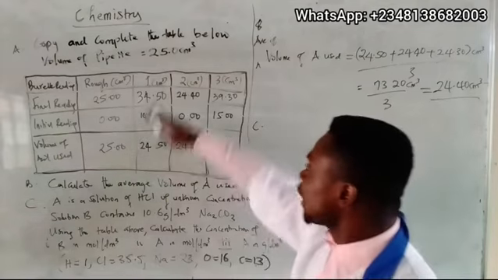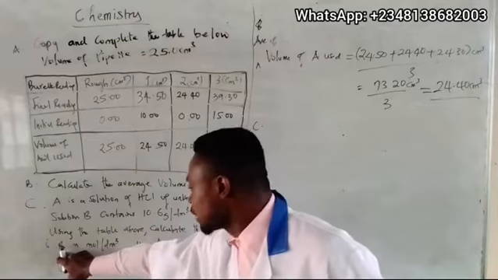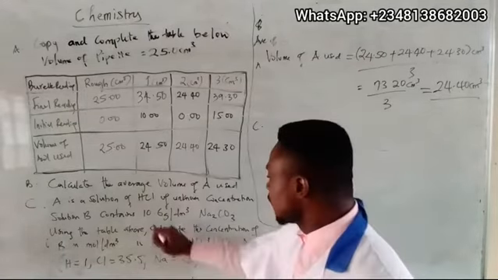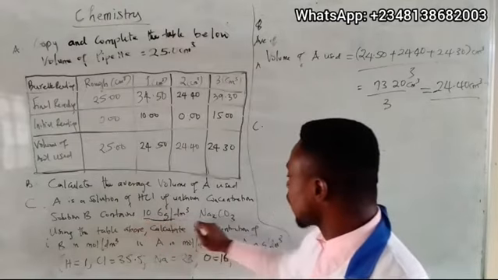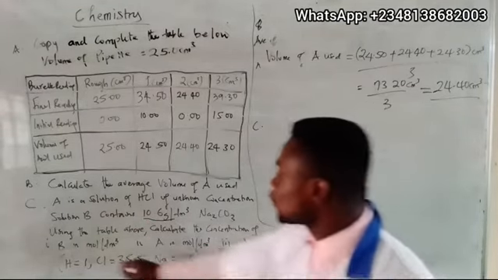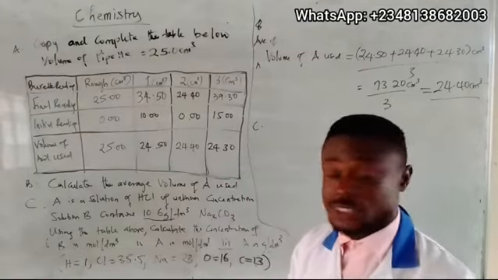Now, using the table above, calculate the concentration of B in mole per dm cube. Now let's go. Remember, this is the concentration of sodium trioxocarbonate(IV) in gram per dm cube, which is mass concentration. They want us to find the concentration in mole per dm cube, which is molar concentration.